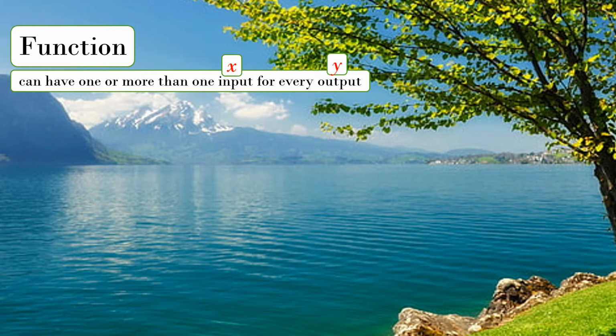So it goes like this. A function can have one or more than one value of x for every value of y. Did you understand now? Or should I say y can have many x? Understand? Y can have more than one x.